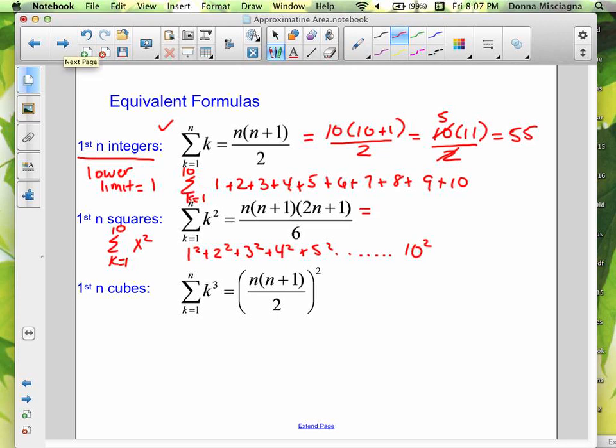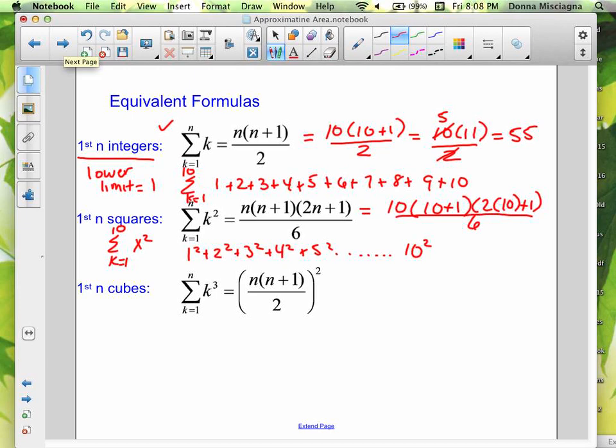So another way we could calculate the same sum, if we want the first 10 squares, is to take 10 times (10 plus 1) times (2 times 10 plus 1), all divided by 6.